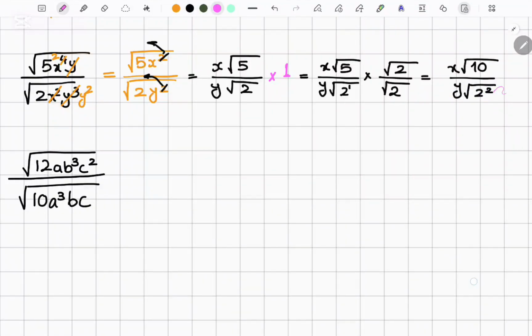As you can see, now this 2 has the money to pay and come out, so it's going to be x radical 10 over 2y, and that's the most simplified form, and you just got rid of the radical and you're good. And this is the simplest form of this radical, all rationalized and all fine.